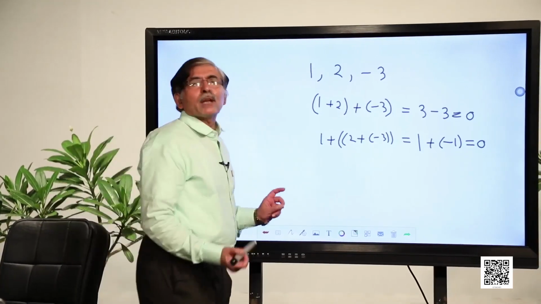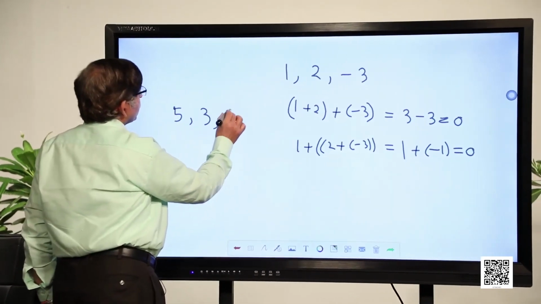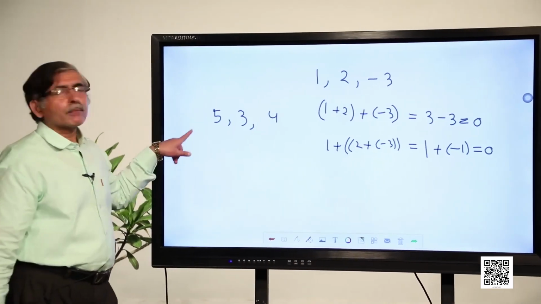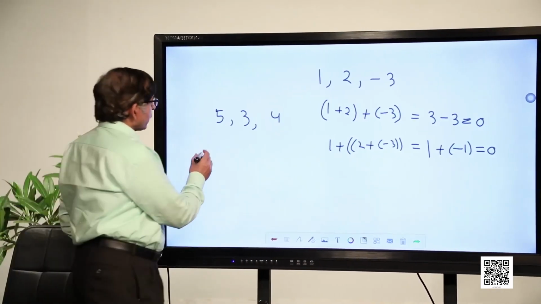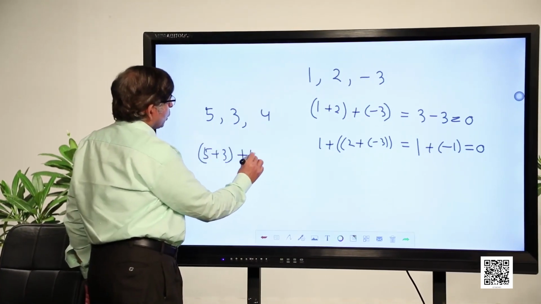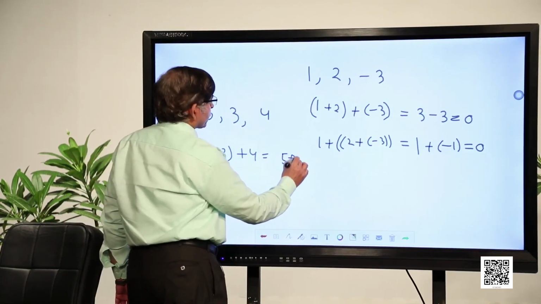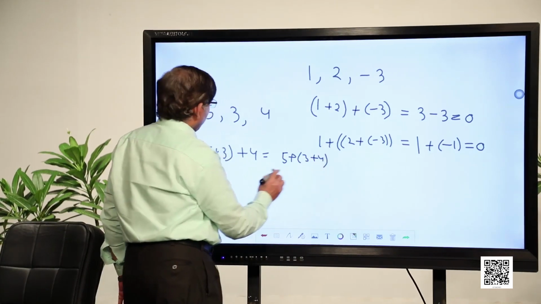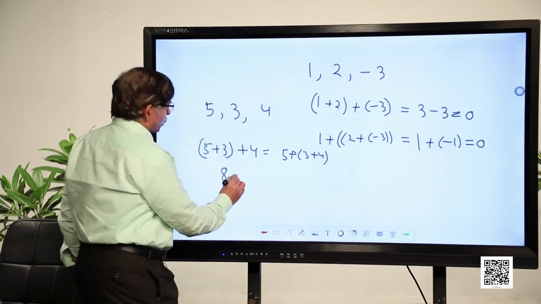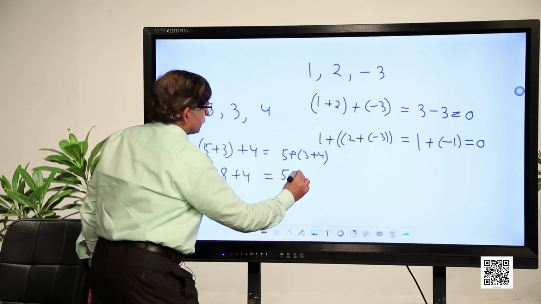Let us take one more example like 5, 3 and 4. There are three integers we have taken: 5, 3, 4. Here we will see whether 5 plus 3, plus 4, and 5 plus, 3 plus 4, are equal or not. On the left side this is 8 plus 4, and that is equal to 5 plus 7.